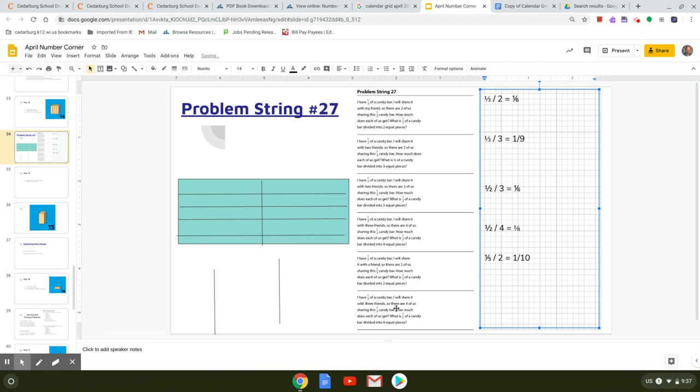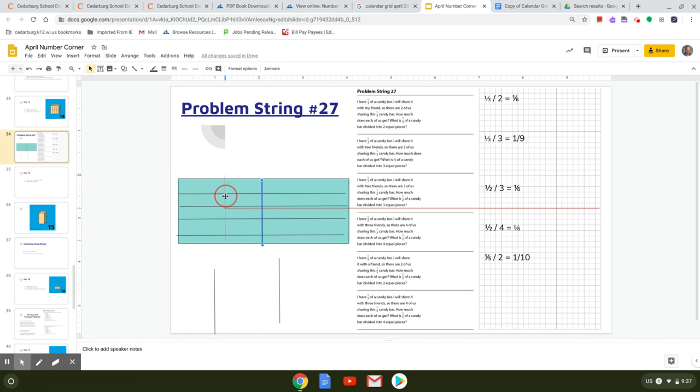Last one. It says, I have 1/5 of a candy bar and I will share it with three of my friends. So that makes four altogether. Whoa. Now we're making these pieces really, really small. So there are my four friends. 1, 2, 3, 4.